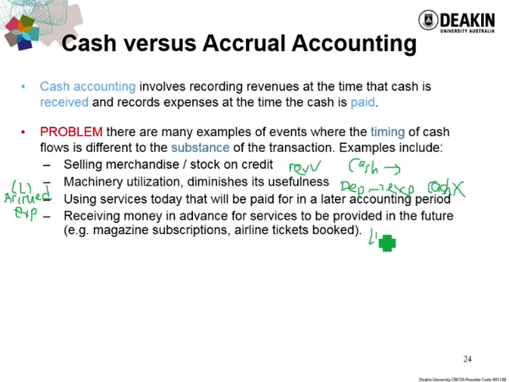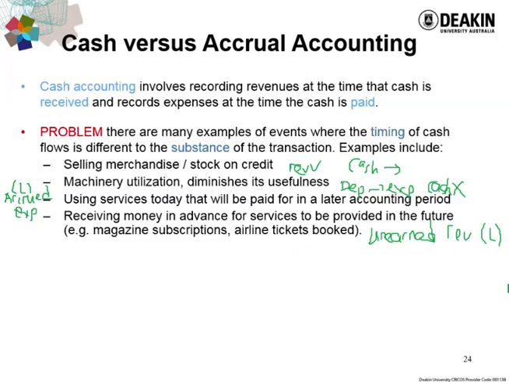So this will be an example of unearned revenue. We will also cover unearned revenue in week 3. Sorry about my handwriting, it's too difficult to write on the screen. Unearned revenue is also a form of liability.